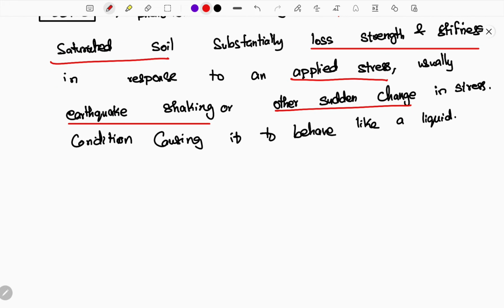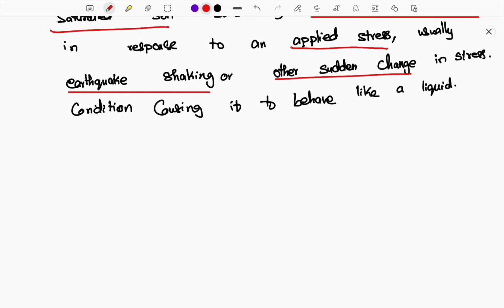The other sudden changes may be chemical effects, water, or sometimes floods, in stress conditions causing it to behave like a liquid. This is a general definition that will be most useful.